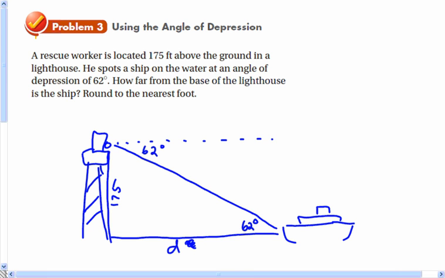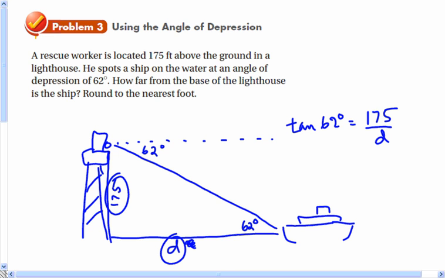With respect to that angle, we have the side opposite, that's this one, and the side adjacent, that's that one, which is the tangent. So we can say that the tangent of 62 degrees is equal to 175 over D, side opposite over the side adjacent.